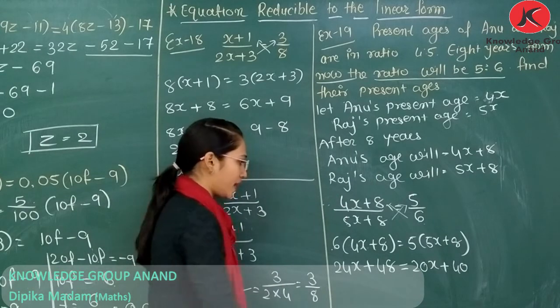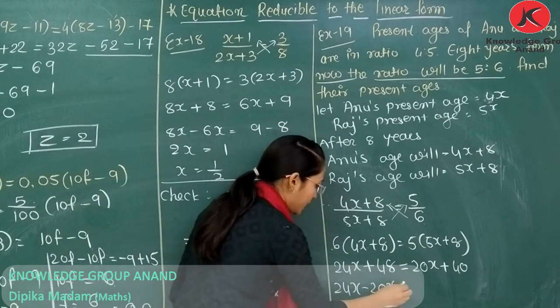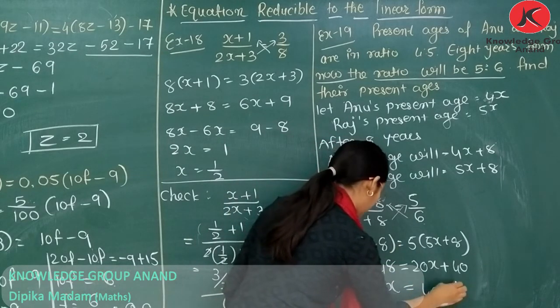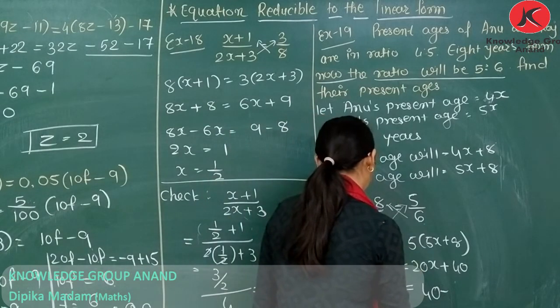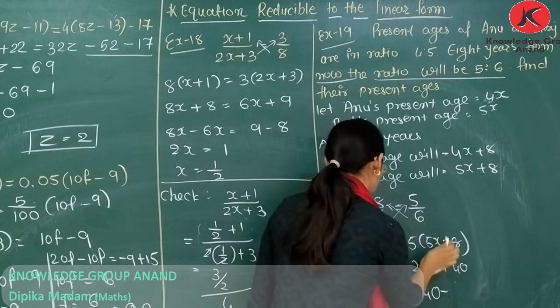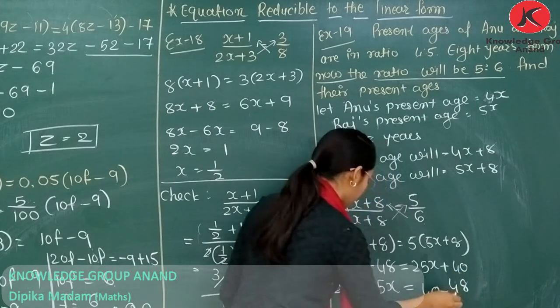Now combine the like terms. 25x on the right side becomes minus 25x, and 48 will be minus 48, 40 minus 40.